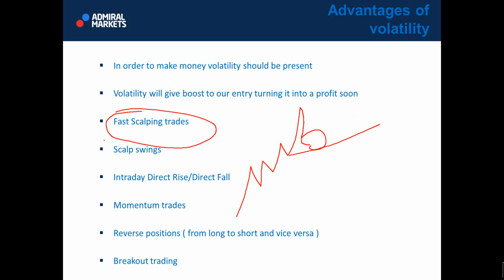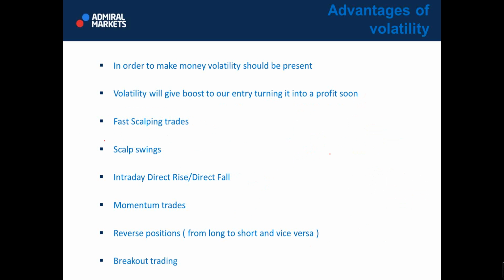I already showed you how to turn scalp into swing scalp and swing scalp into intraday position. If there is high volatility, you can turn your scalping positions into scalp swings and subsequently into intraday positions. Scalp swings, instead of making 8 or 10 pips, you can make 20 pips.